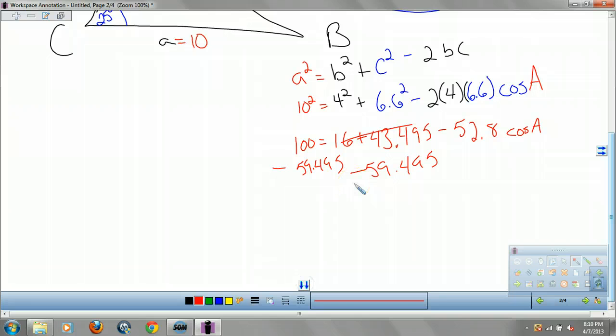And get 40.505 equals negative 52.8 cosine of A, right? Right. Now we're going to divide by negative 52.8.